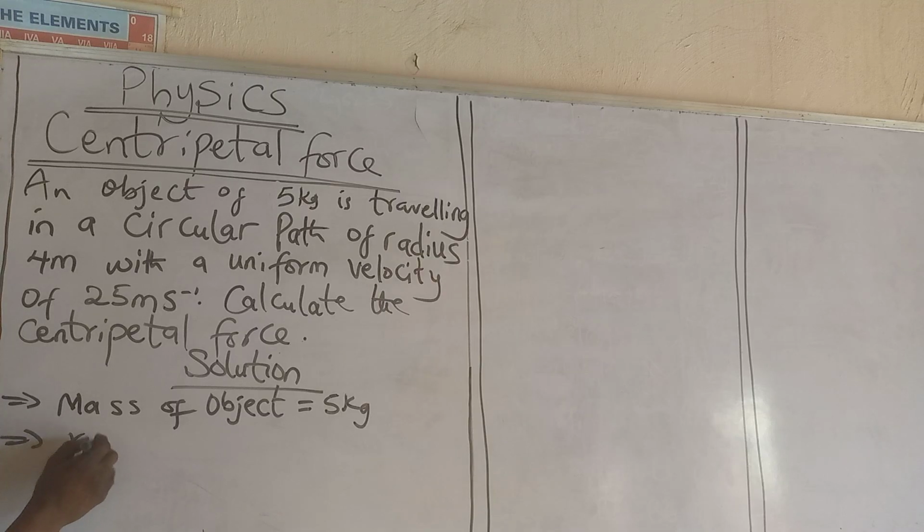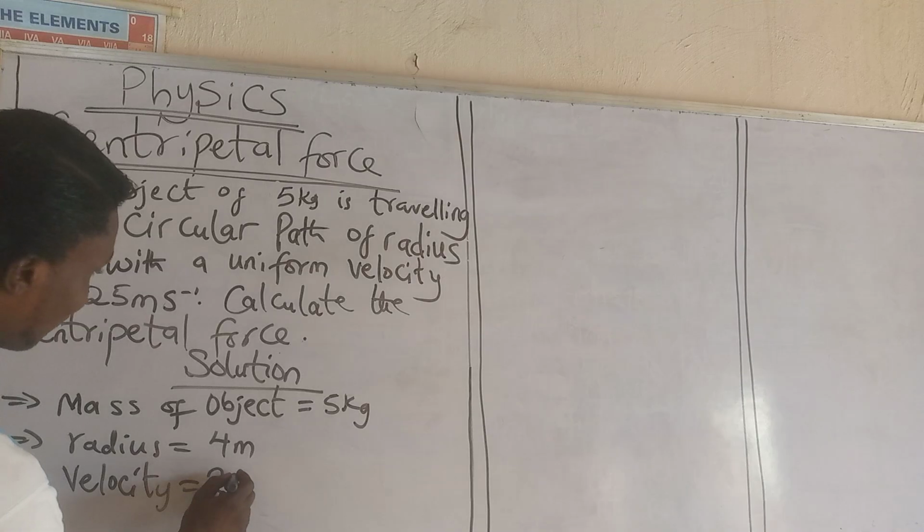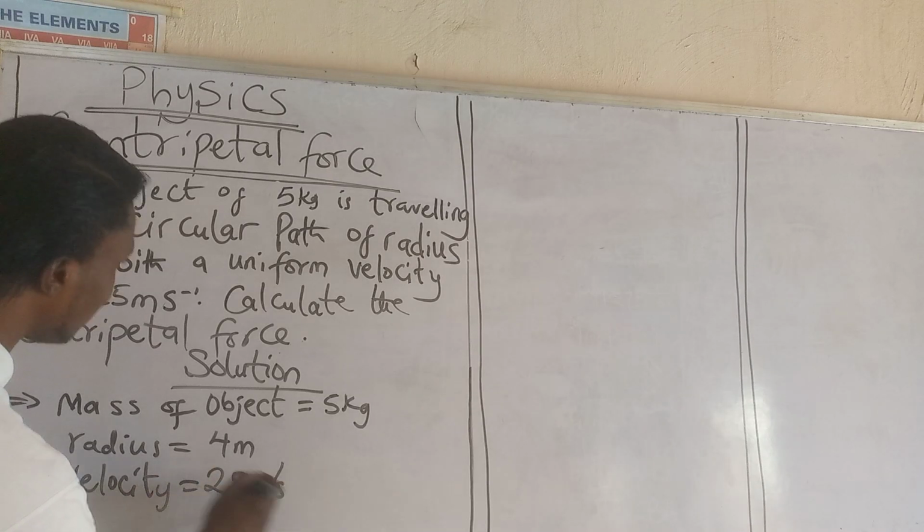So the radius is given as 4 meters. We are not converting to any other unit for measuring length because it is already in meters. With a uniform velocity of 25 meters per second. So velocity, which is also called speed, is given as 25 meters per second.